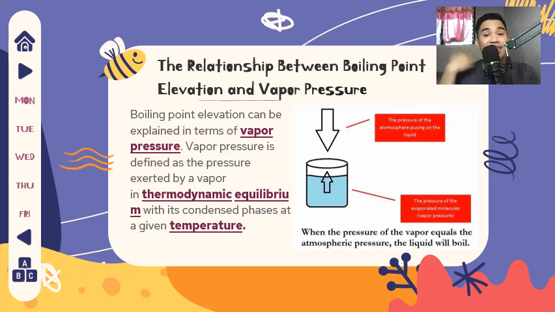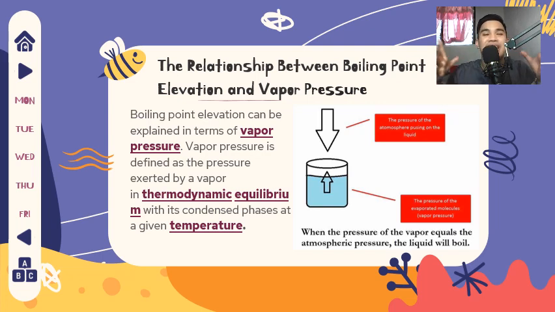The relationship between boiling point elevation and vapor pressure can be explained. The boiling point elevation can be explained in terms of vapor pressure, and the vapor pressure is defined as the pressure exerted by a vapor in thermodynamic equilibrium with its condensed phases at a given temperature.